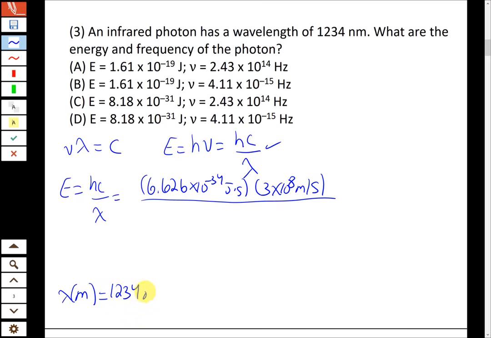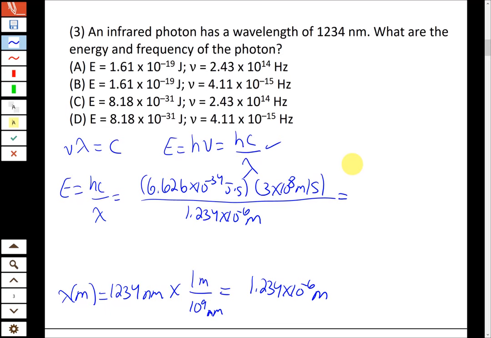We've done this a million times: 1 meter is 10 to the 9th nanometers, or alternatively 10 to the minus 9 meters is 1 nanometer, mathematically equivalent. So what we get is 1.234 times 10 to the minus 6 meters. That's the number we're going to put into the denominator in the correct units.